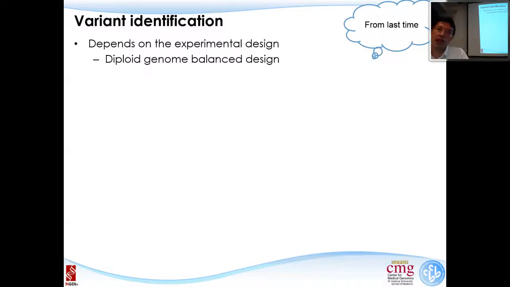It is the most simplified case in the sense that you will have 2 alleles, one from father, one from mother.